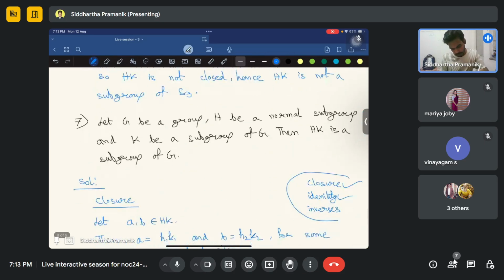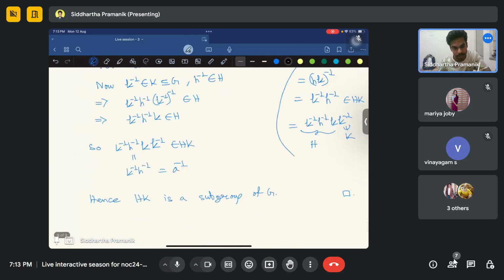So one remark is we have taken H as a normal subgroup. Instead of H, if we take K as a normal subgroup, then also the result is true. So I want you to do that part on your own. I will just put that as a remark.